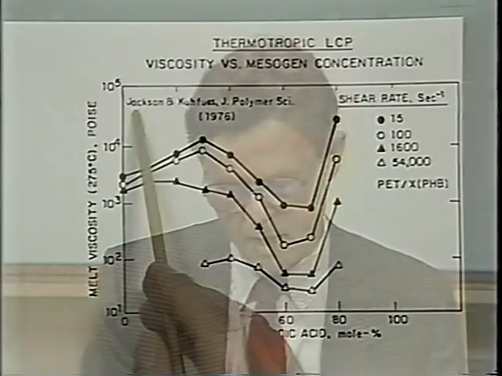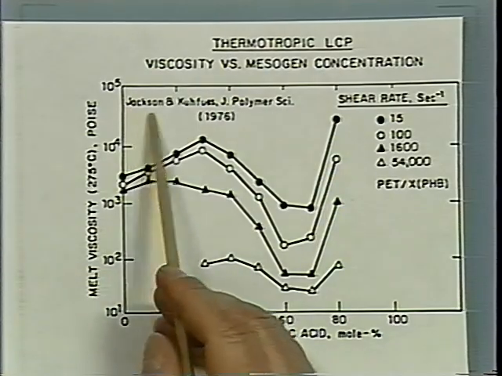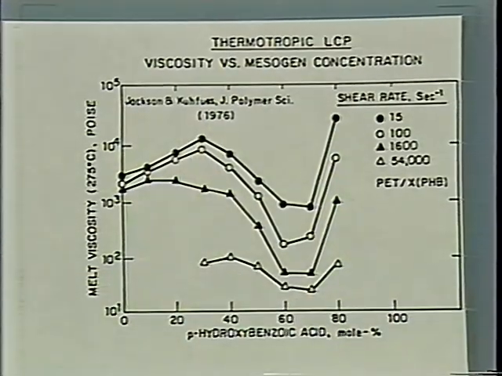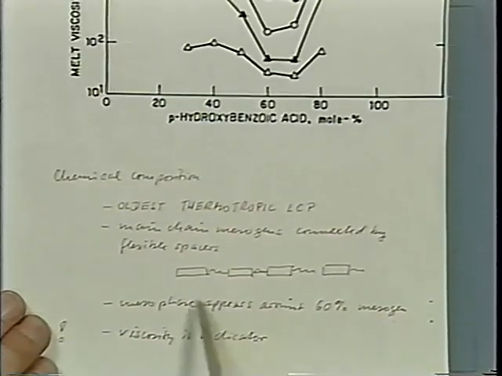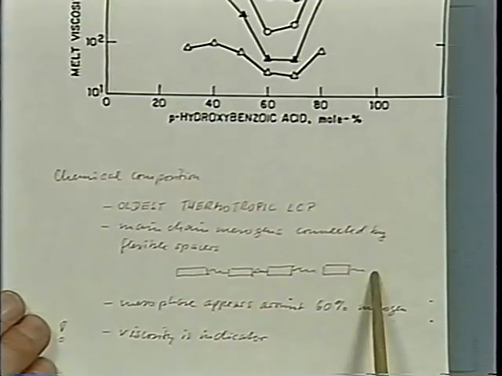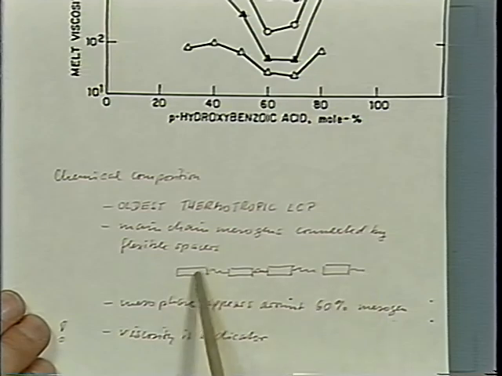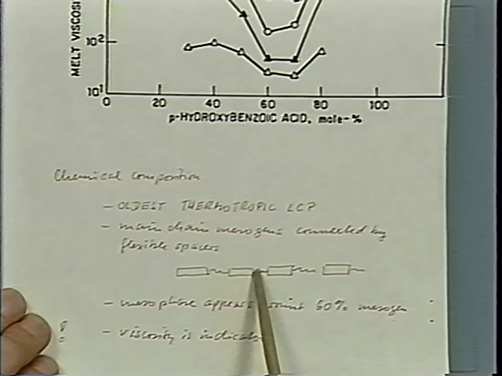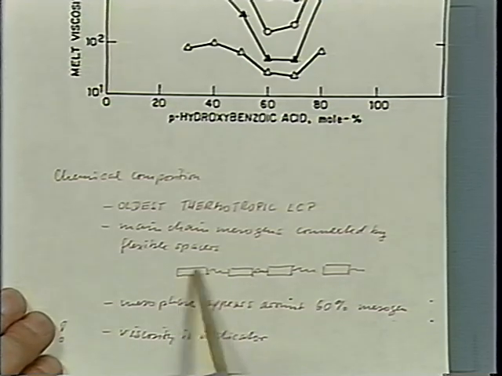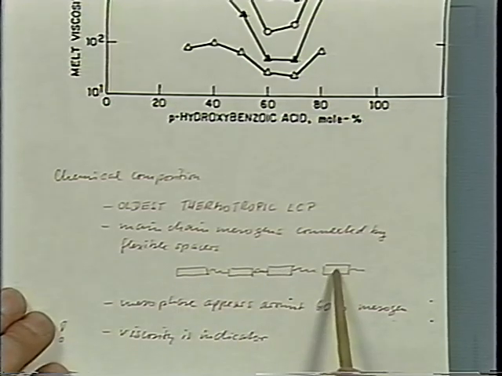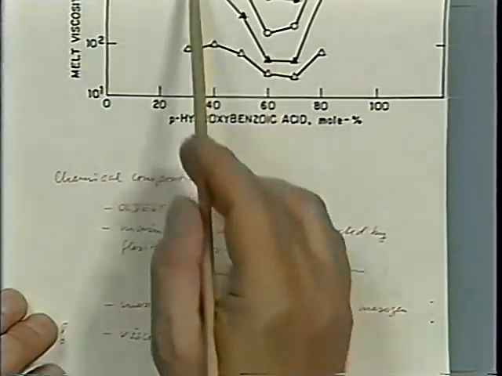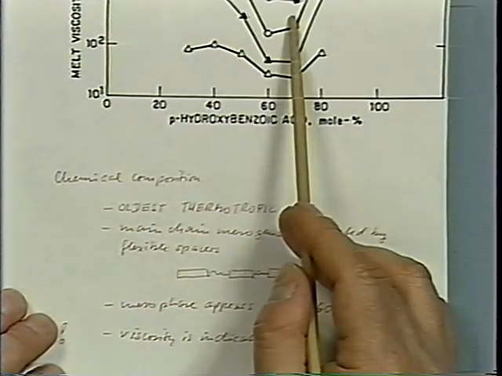The oldest thermotropic liquid crystal polymer was proposed by Jackson and Kuhfuss, who realized that when putting mesogens in the backbone of a chain, which also had flexible spacers here, they needed a certain amount of those mesogens, and the viscosity went down.